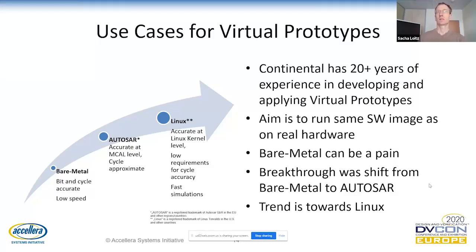At that level, coming up with a virtual prototype can be quite difficult because you don't have a clearly defined interface between your software developers and the people coming up with a virtual prototype.